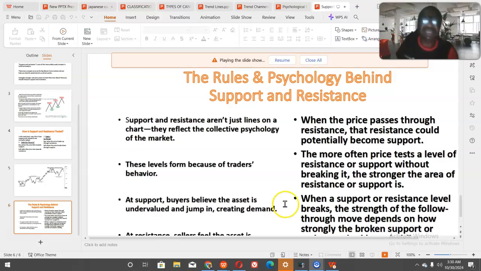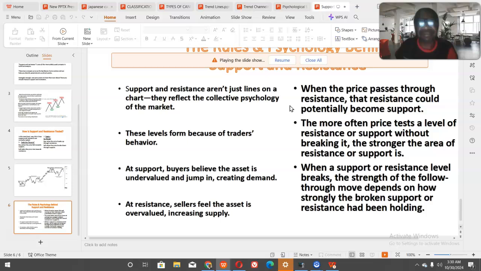The psychology behind this is when a support or resistance level breaks, the strength of the follow-through move depends on how strong the broken support is. So now I want us to look at these rules and psychology of traders very well.